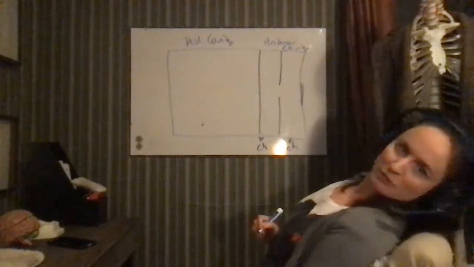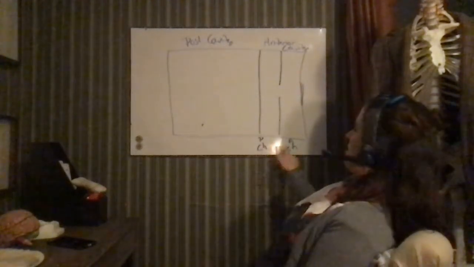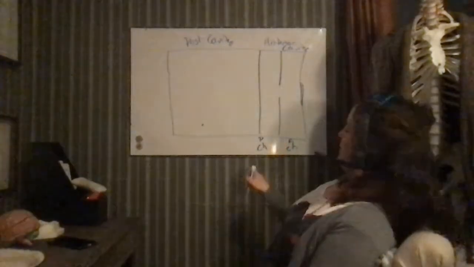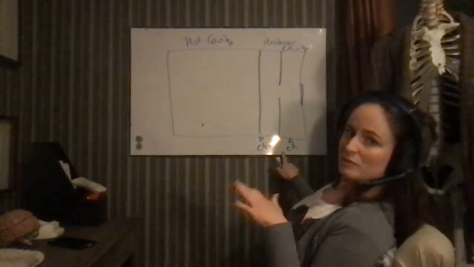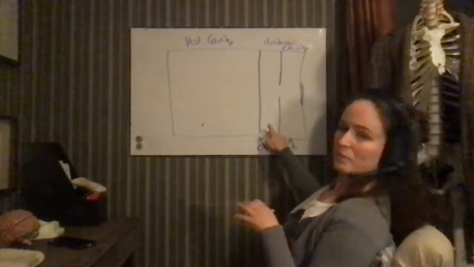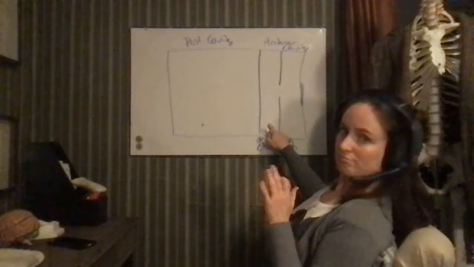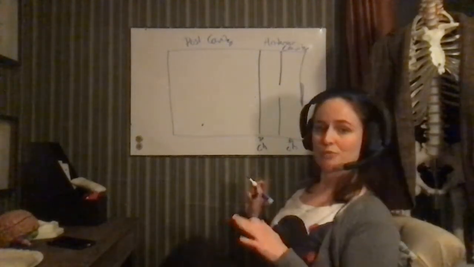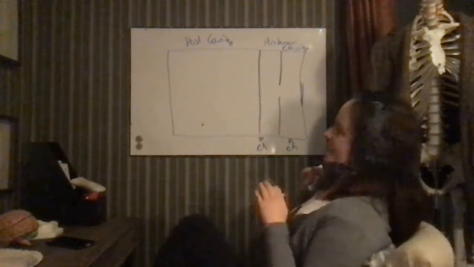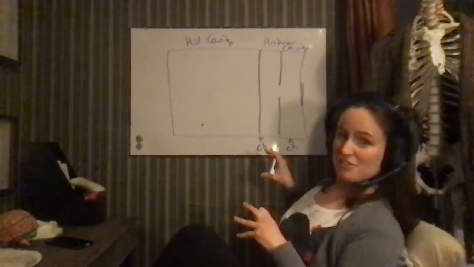I don't have a lot of room, so I just wrote PCH, but that represents posterior chamber and anterior chamber if you've got space to write it. I'm not writing in here because I'm going to add a lot of stuff in. And that's really it. From here, we can add in what these barriers are.